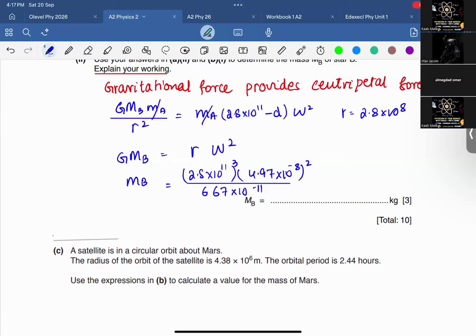And since this is only for A, for A we just need to put d, not the whole thing.